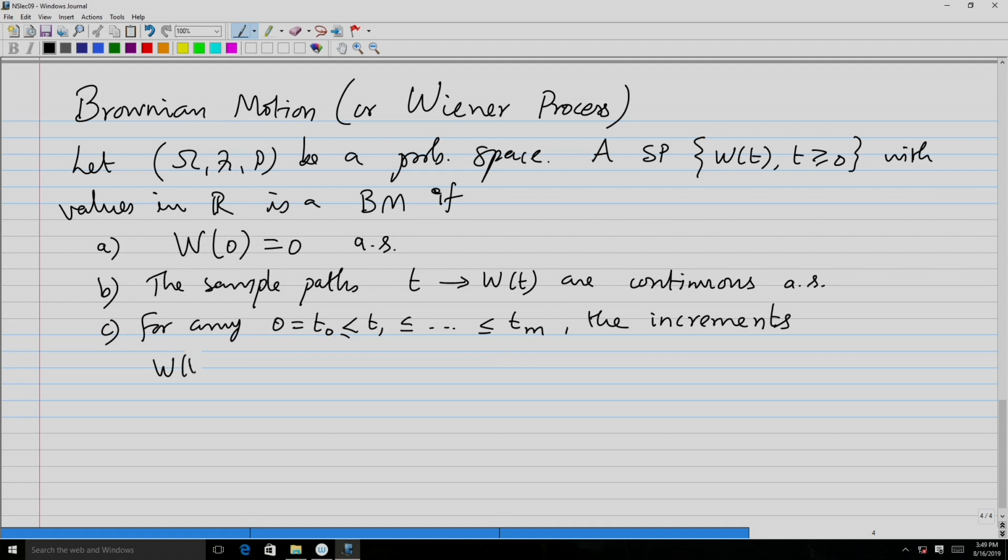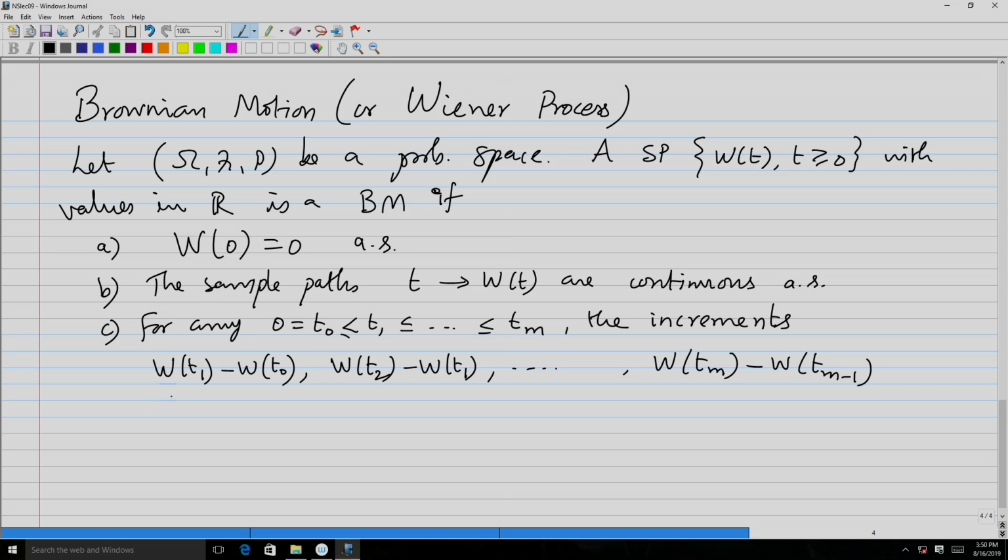That is essentially the displacement of the process from T naught to T1, and this quantity is called an increment, then W T2 minus W T1, and so on, the last one being W Tm minus W Tm minus 1.